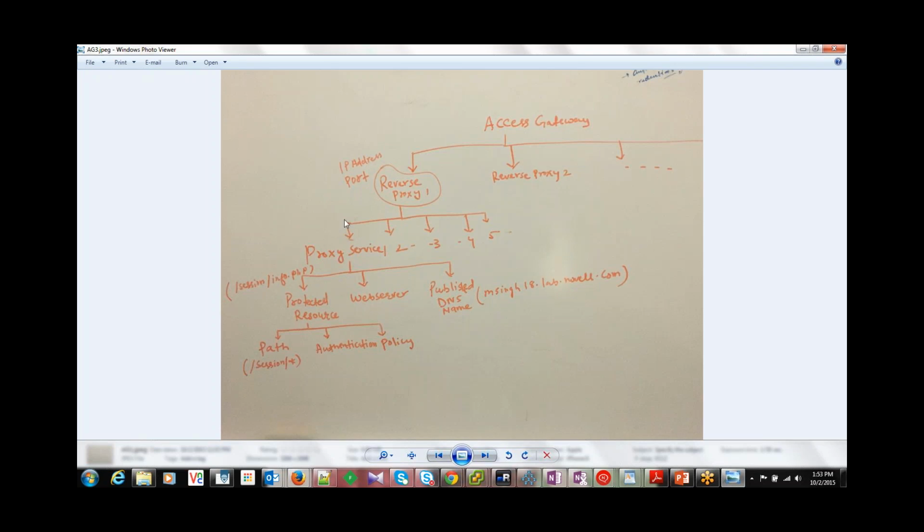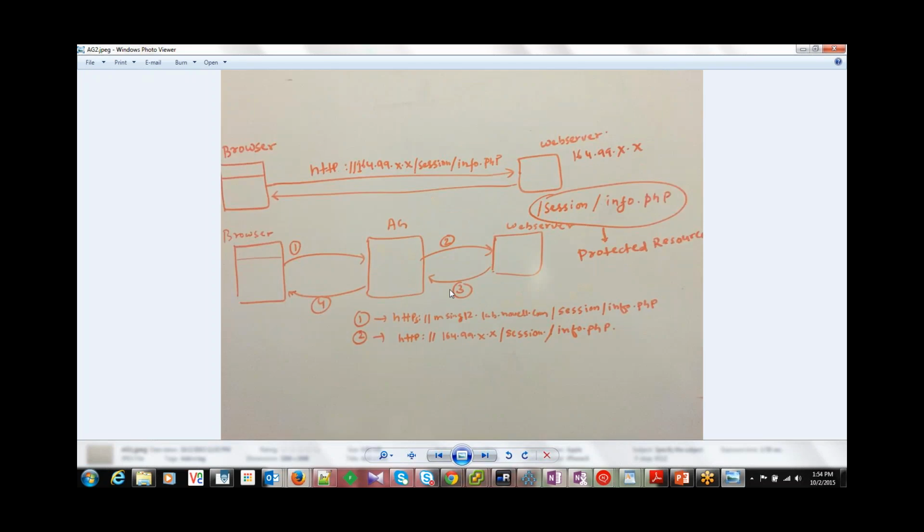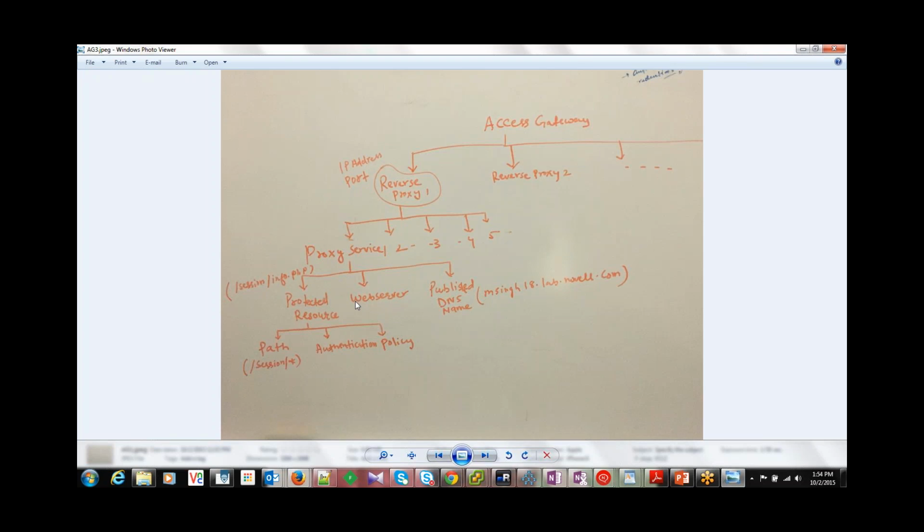What are the properties of the proxy services? A proxy service must have a published DNS name, so that you can use the browser and use this published DNS name to come to the Access Gateway. It must have a web server, this one.